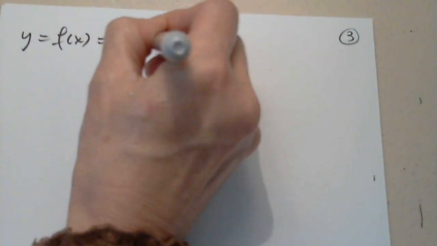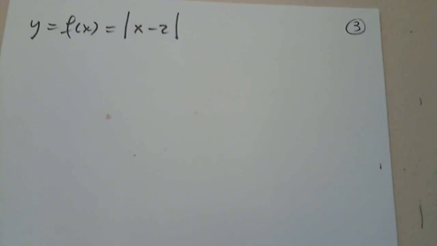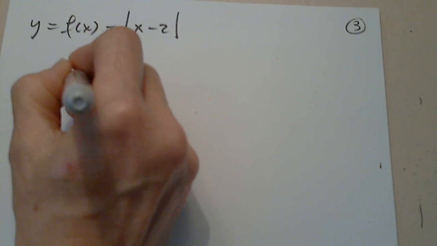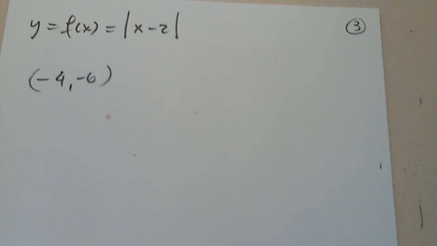So here's a totally different function. This is called an absolute value function. So this is y or f of x, the absolute value of x minus 2. So let's check with (-4, -6). Is this point on the graph?